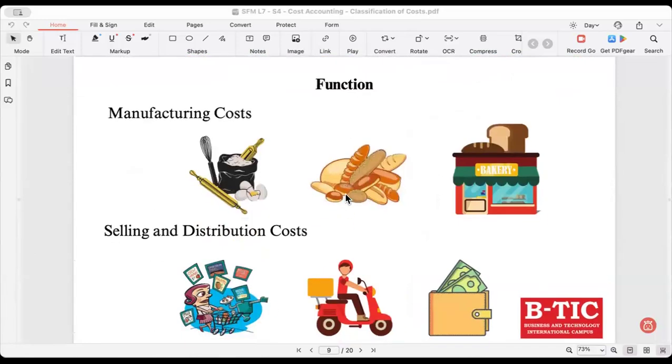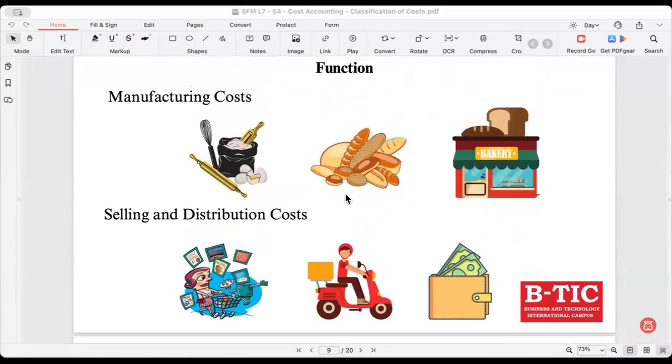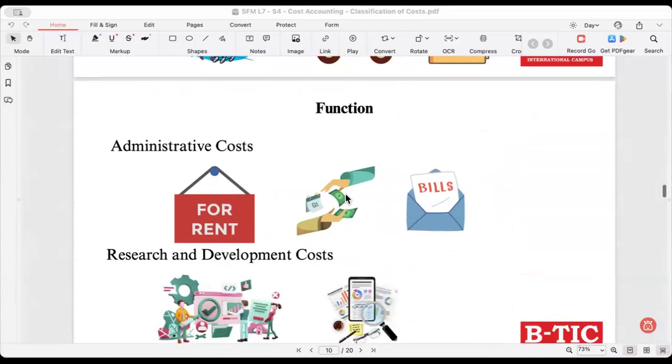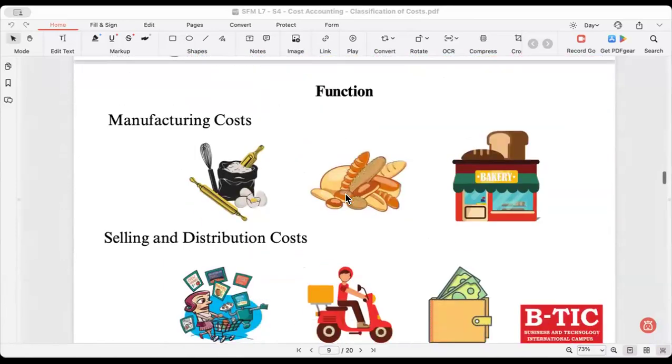Now we have function. Under function, we have manufacturing costs, selling and distribution costs, administrative costs, and research and development costs. Let's see what manufacturing cost is about.